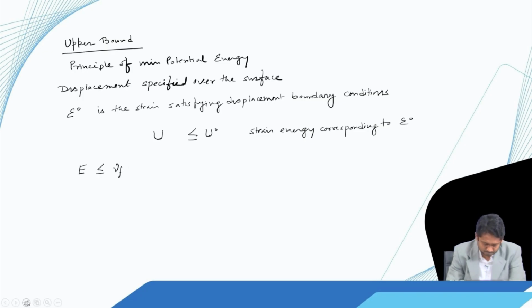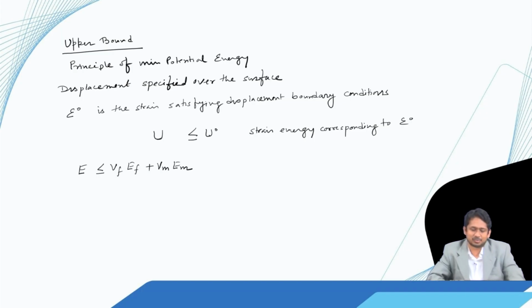With that we get an upper bound, and the upper bound says that the modulus should be less than or equal to V f multiplied by E f plus V m multiplied by E m. So, with these two principles we get the upper and lower bounds of our desired Young modulus.